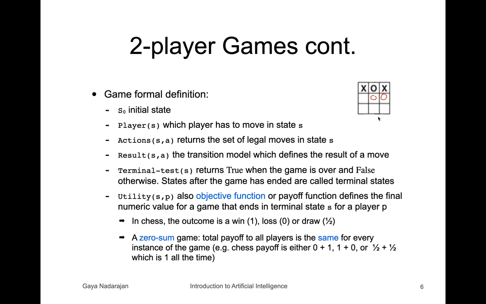And then the result is actually the transition model, which defines the result of a move. So the result is basically, if I apply naught here, then the new state is going to look like this. And as we see, the transition model is going to give a successor state. This is the successor state of the previous state with the naught added.